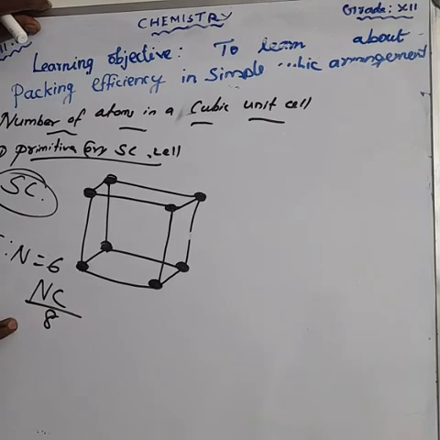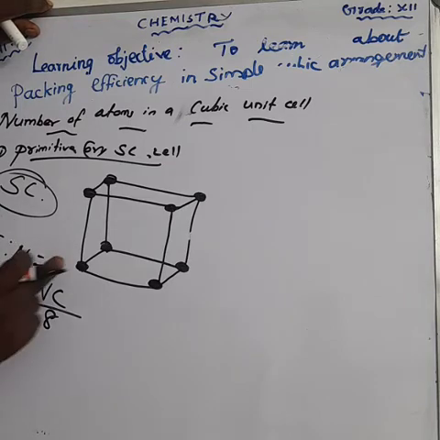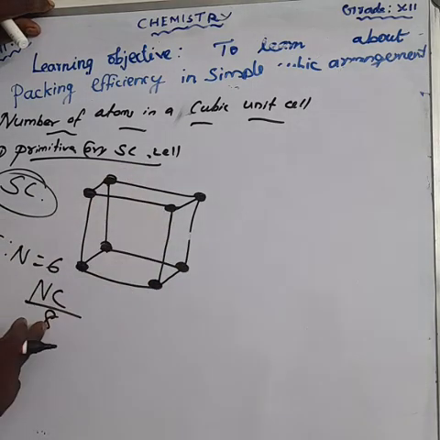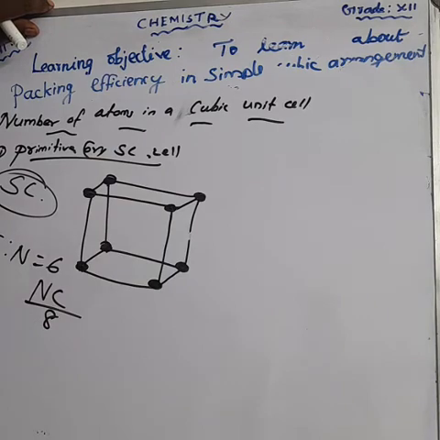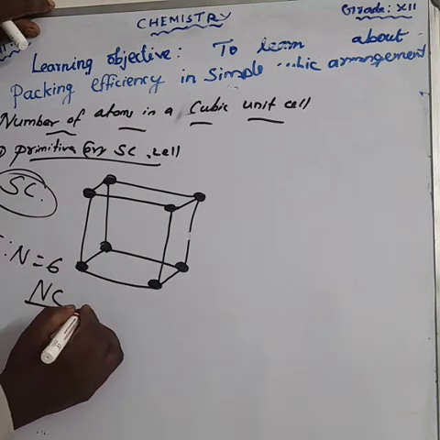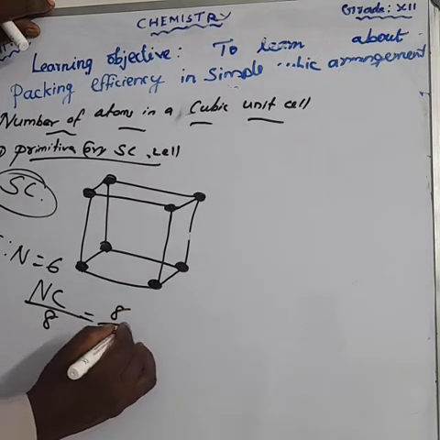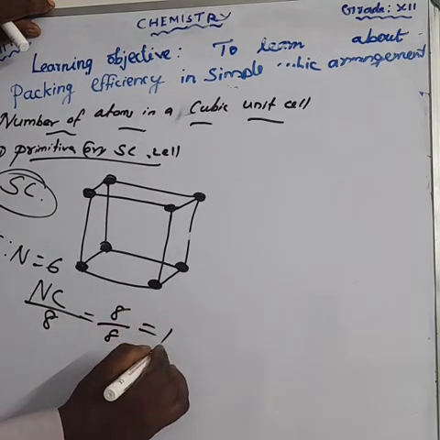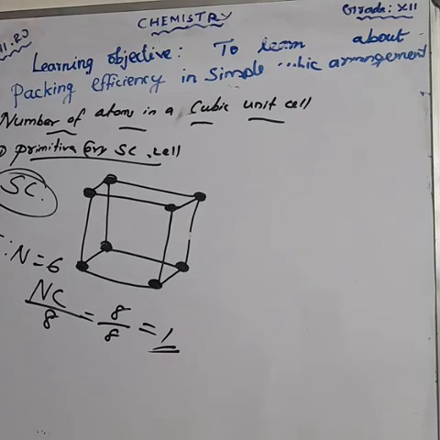NC means number of corners. Here, number of corners is 8. So 8 divided by 8, the answer is 1. So the number of atoms in the simple cubic unit cell is equal to 1.